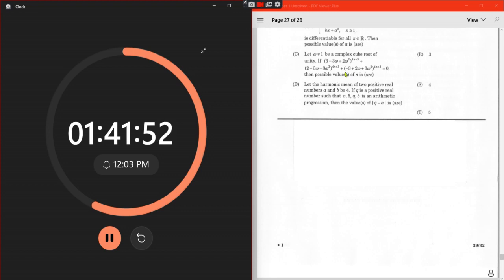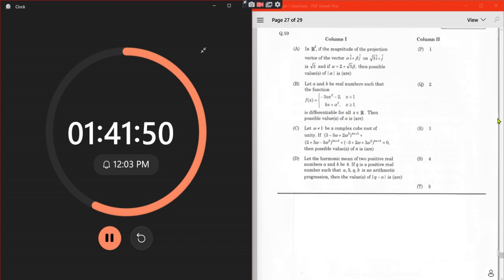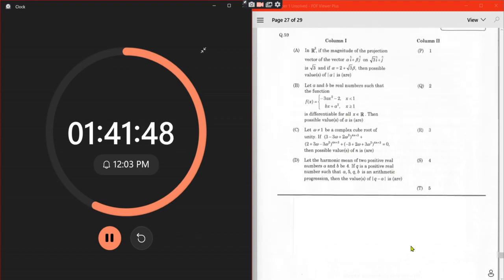So everything works except 3. So 1, 2, 4, 5 will work. So p, q, s and t is the answer for c.